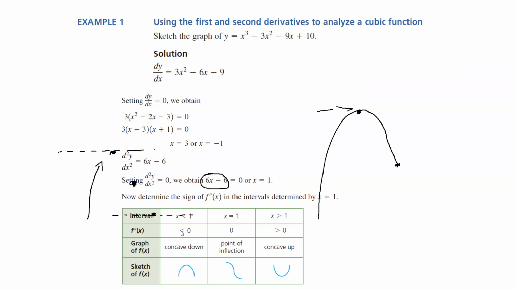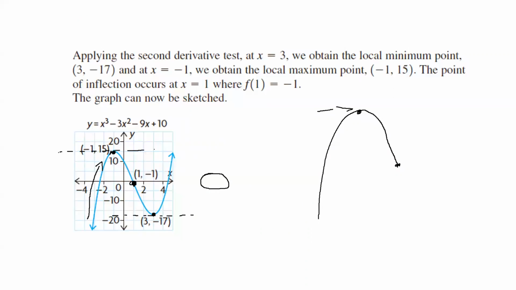To the left from x equals 1, which is the inflection point, I have concave down. My tangent line is above the curve. And now I have the inflection point. Now my tangent line would be below the curve, and it means I have concave up.